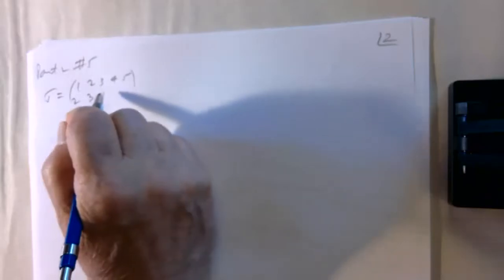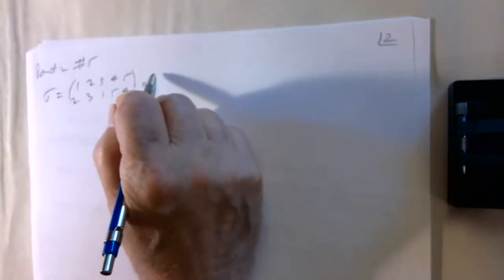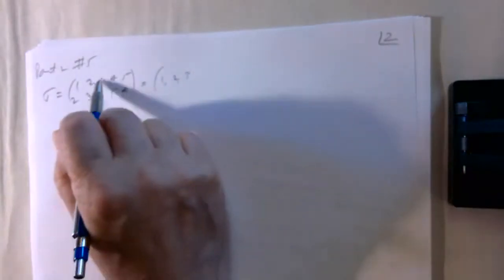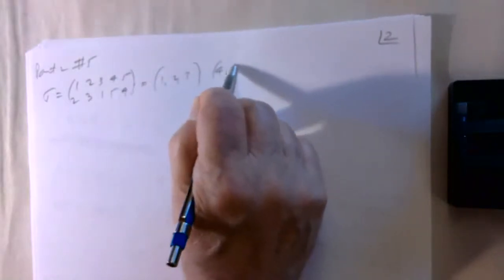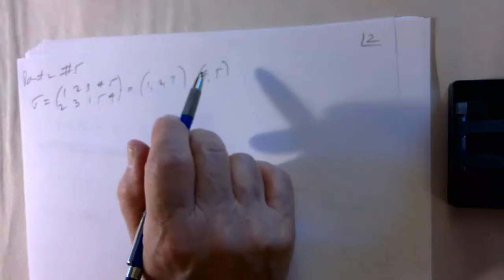In the standard form, this is what it is, 2, 3, 1, 5, 4. If you write it as a product of cycles, 1 goes to 2, 2 goes to 3, 3 goes back to 1, 4 goes to 5, and 5 goes back to 4. So sigma is the product of a 3-cycle and a 2-cycle.